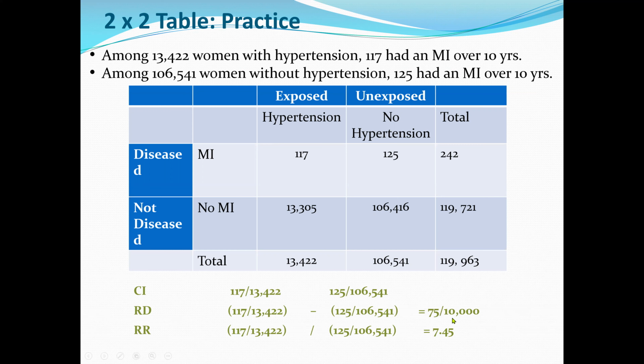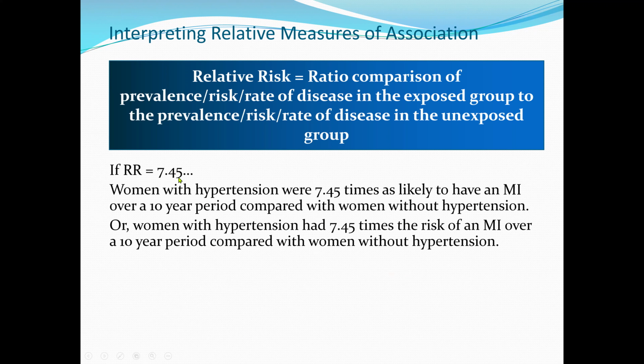Now here, since we get 7.45 for the relative risk, this is again for relative measures. We will say that it is 7.45 times more likely to have MI if you are exposed. So we also have what we call the excess relative risk, which is derived from the relative risk.